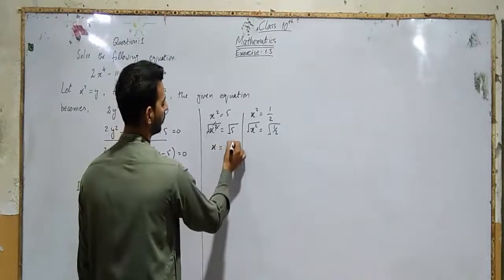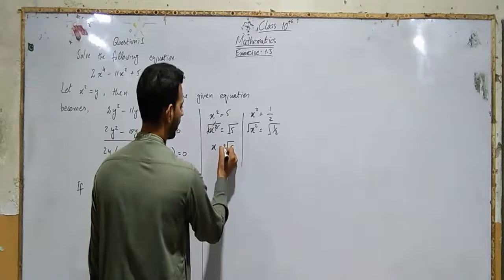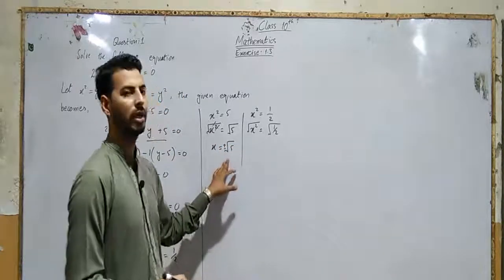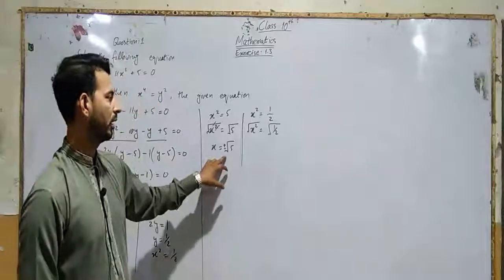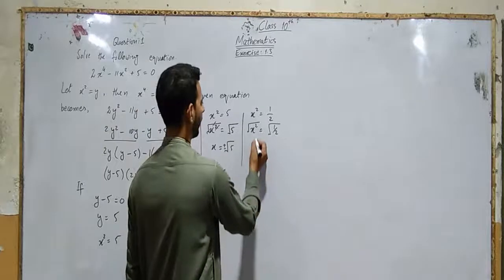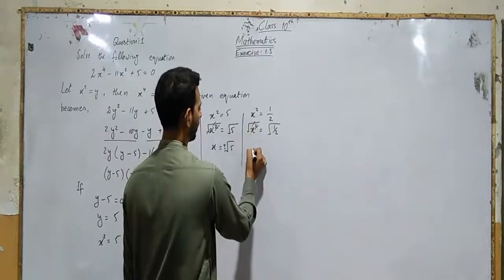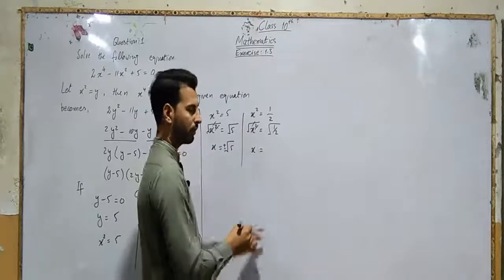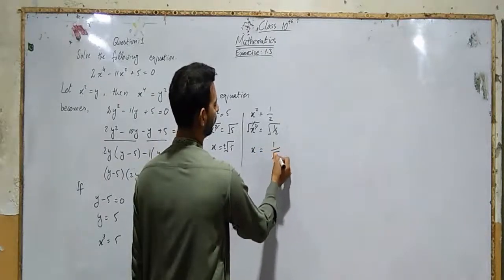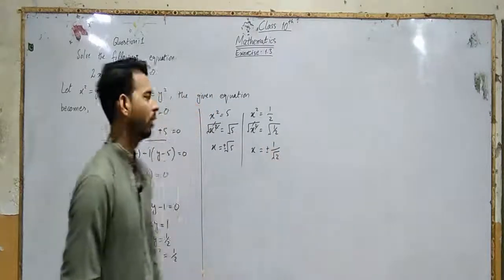So x is equal to square root of 5, but it will be plus minus. Whenever you take the square root, one side will be written in plus and minus both. So there will be two answers for that. So x square and square root will be cancelled, and x is equal to 1 over square root of 2, because square root of 1 is always 1.